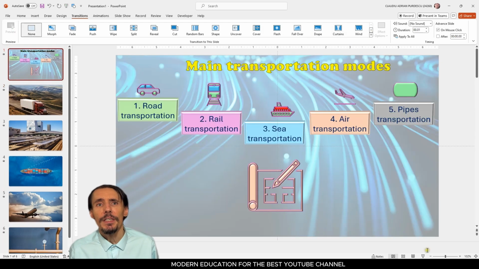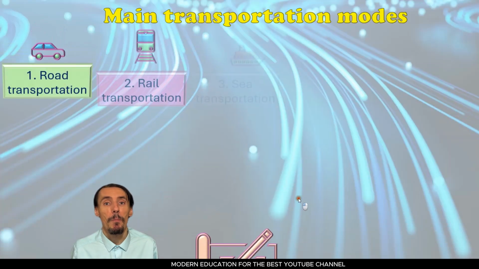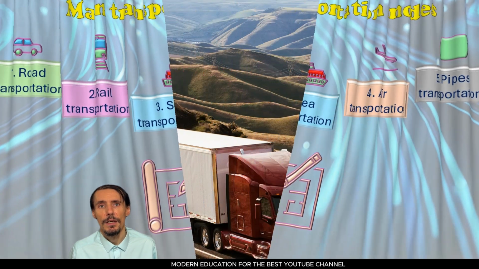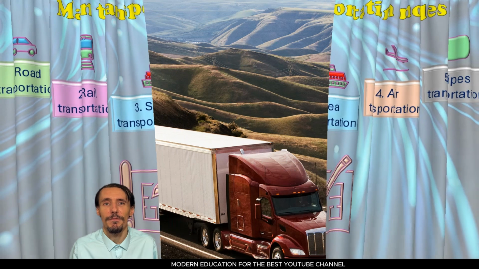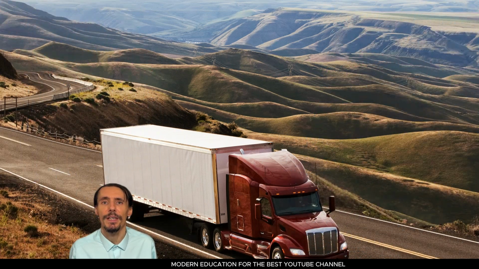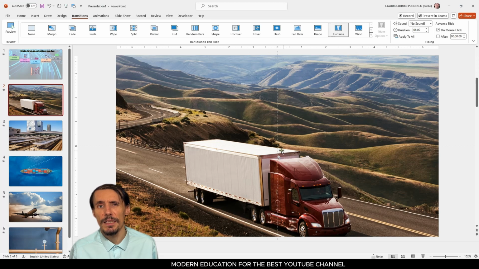One, even if the transition is applied to reveal a certain slide, the design of the transition is given by the previous slide. For example, the curtain effect for the truck is generated by the main slide, and we really don't want that.